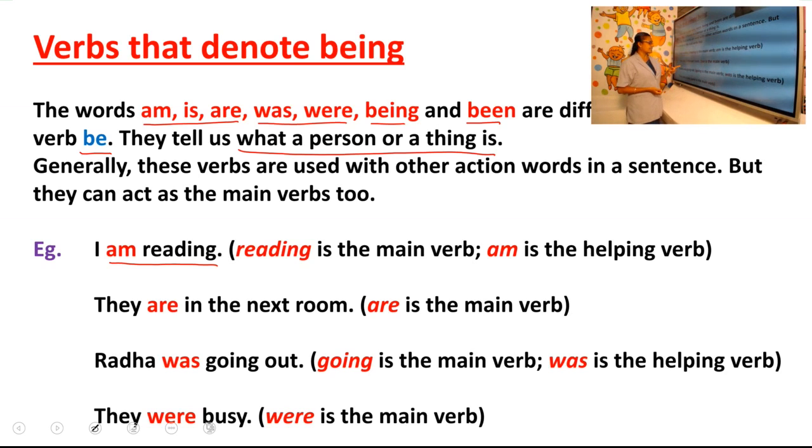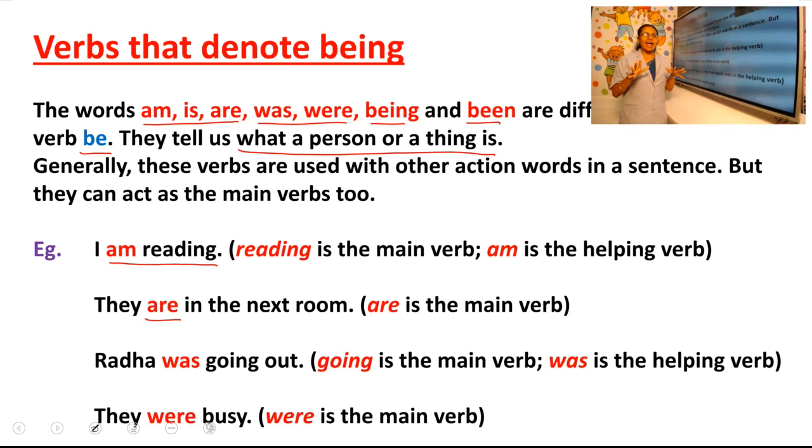Clear? See the second sentence: they are in the next room. Here, the verb are acts as the main verb. Understand? So it acts as a helping verb, and also it acts as the main verb.